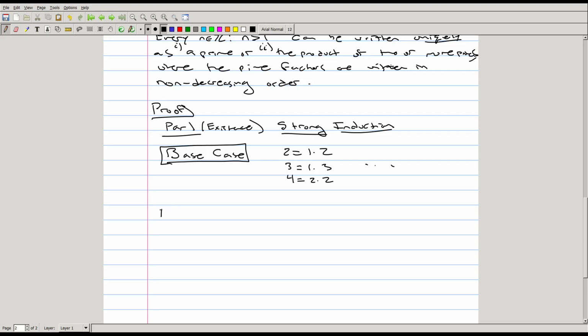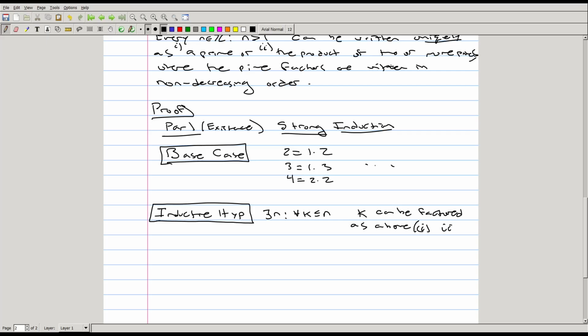So the inductive hypothesis here, this is strong induction, is going to be that there exists an n such that for all k less than or equal to n, k can be factored as above, so either 1 or 2.